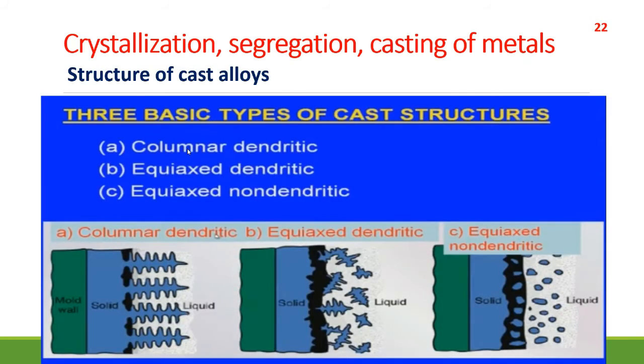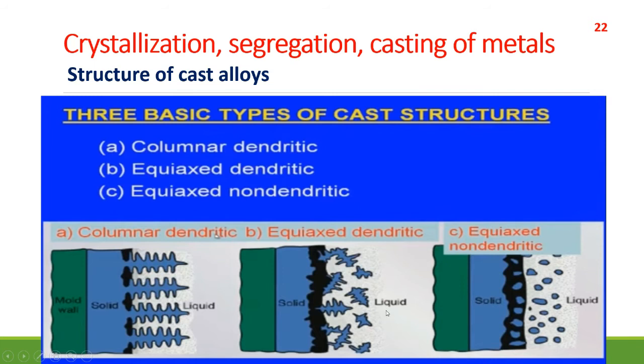So next is the structure of cast alloys. We have already learned this, so it is not much new to us. We have seen that three kinds of grains form. In picture 1 you see the columnar dendritic grains, and they are approaching towards the liquid phase. Next is equiaxed dendrites.